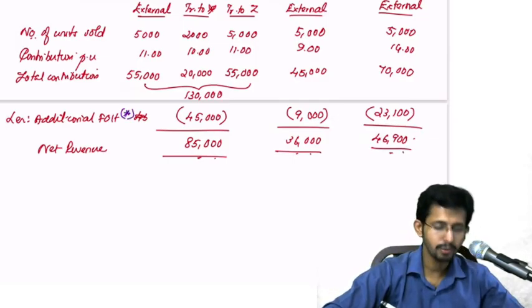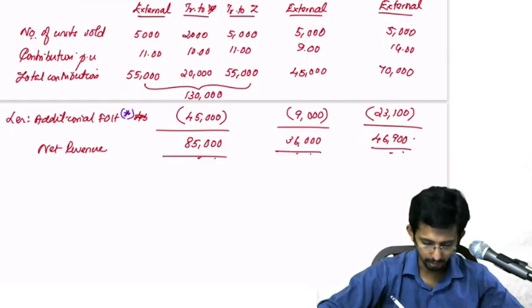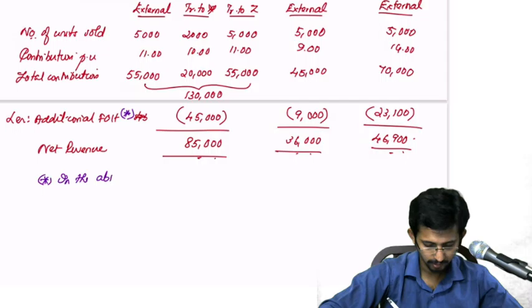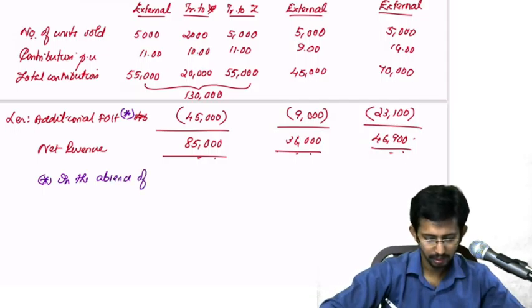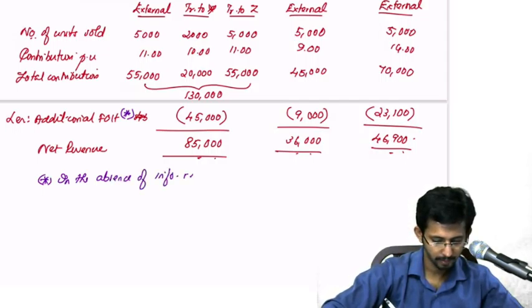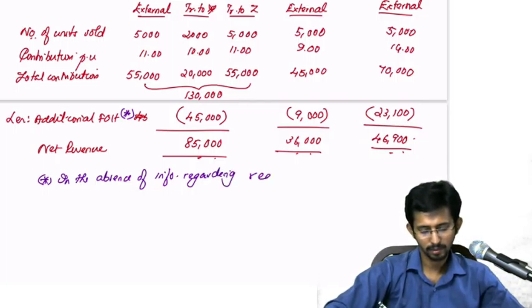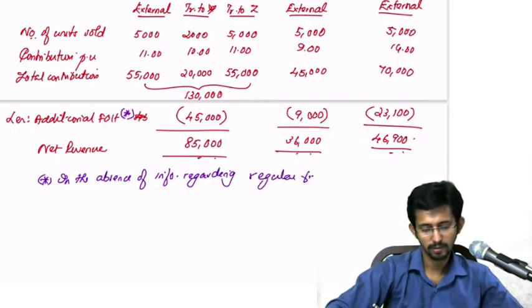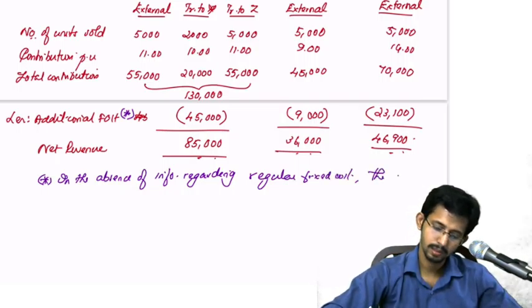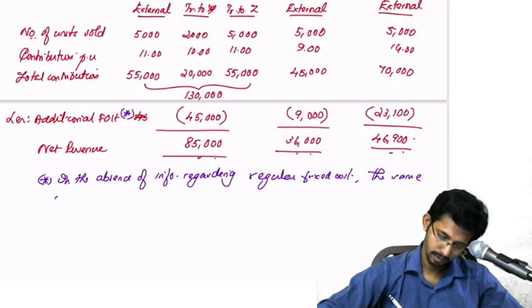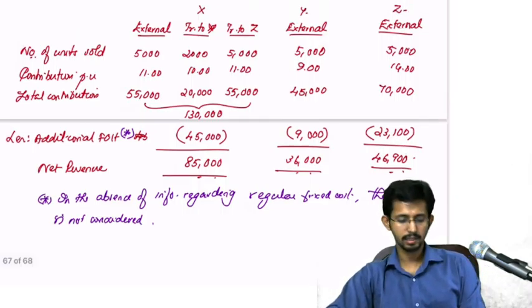You can write an assumption. You don't have any information regarding the regular fixed cost, so you can write, in the absence of information regarding regular fixed cost, the same is not considered.